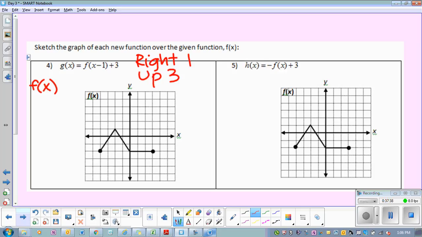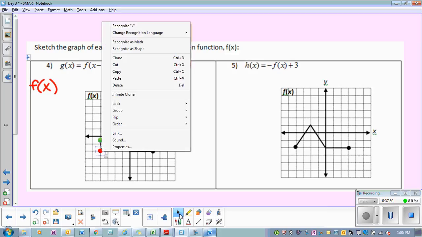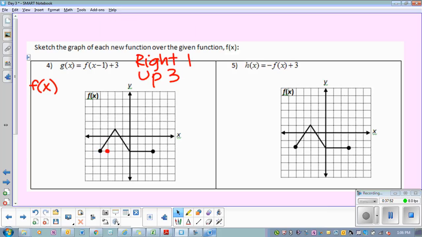So remember what we did before about each of the points on the graph? Let's move them. Right 1 and up 3. So this guy was right 1, up 3. 1, 2, 3. Then this one, right 1, up 3.